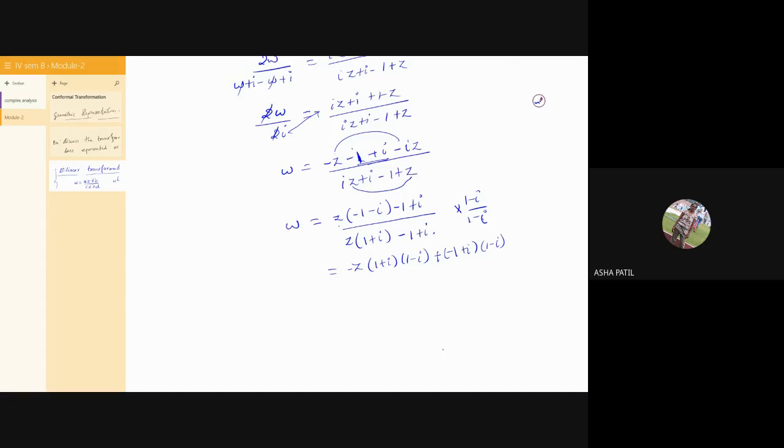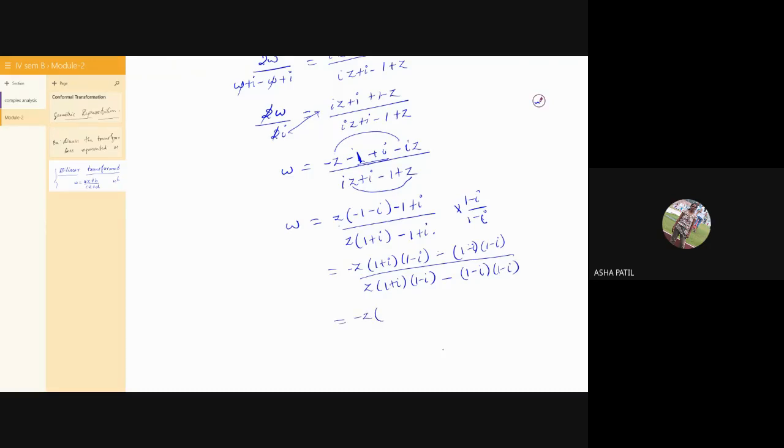If I take minus outside, what remains? It is 1 minus I, divided by this Z into 1 plus I into 1 minus I, minus, again take minus outside, it is 1 minus I into 1 minus I.